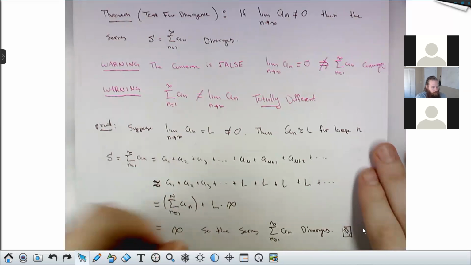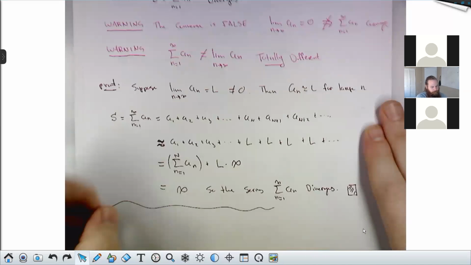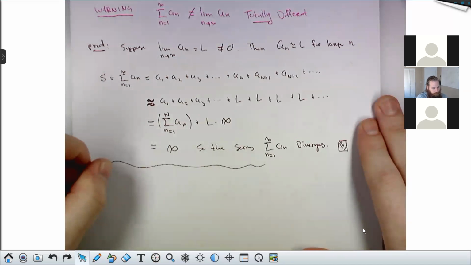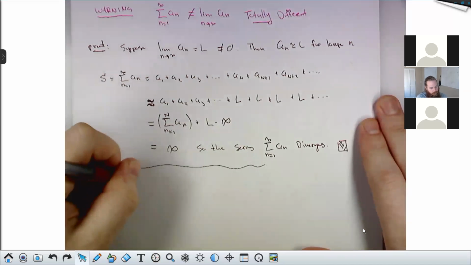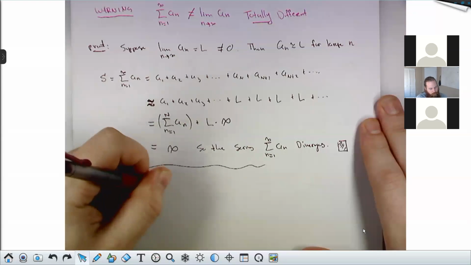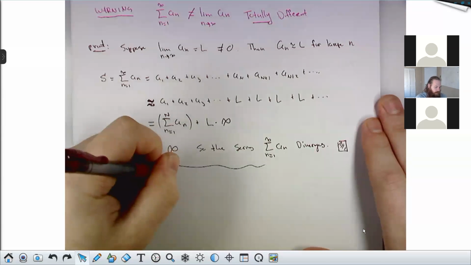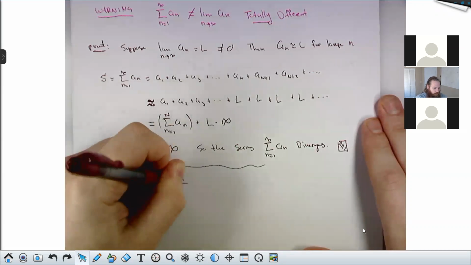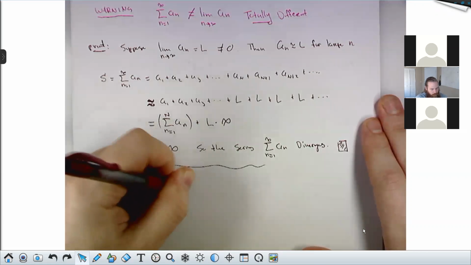An example where this theorem is useful is if I wanted to play around with the series, say sigma n from 2 to infinity of n squared plus 1 over n squared minus 1.